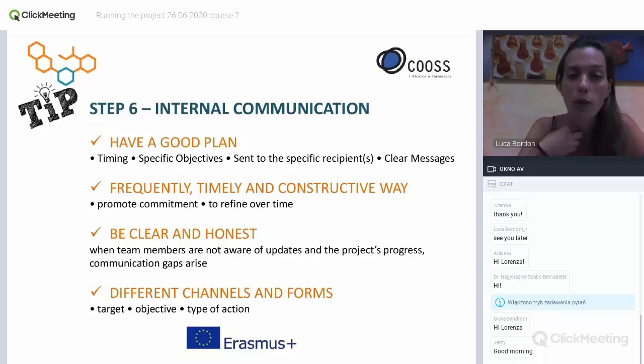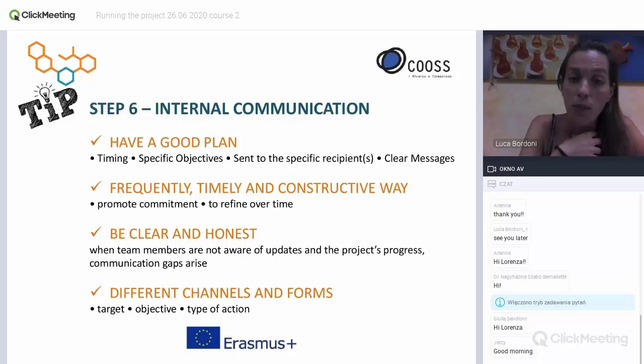How to have an efficient and successful internal communication? First of all, it's important to have a good plan. So not only a good dissemination plan for the outside, but also for the internal staff. A plan that will define time, specific objectives to realize, and the communication senders and recipients.